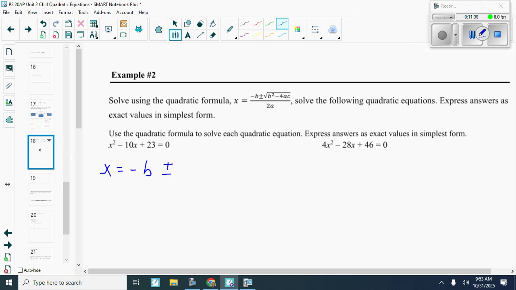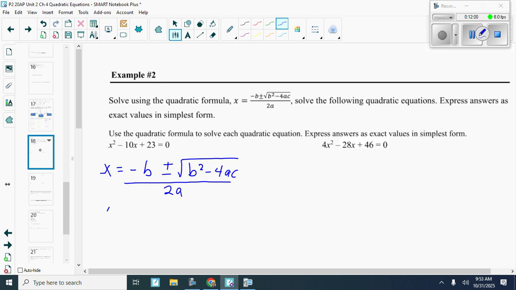You have to write the plus or minus, and we're going to use the plus to get the first answer and the minus to get the second answer. So we have negative b plus or minus the square root of b squared minus 4ac, that's our discriminant, and then the whole thing is divided by 2 times a.